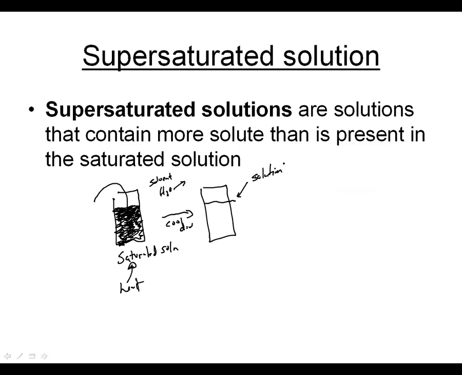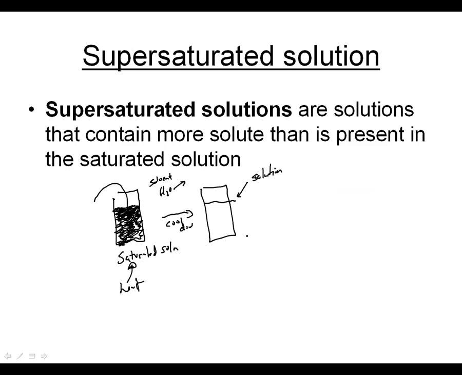So at this point, you heated it, you lost a little bit of the solvent. You also were allowed to get more solid to dissolve than should at a regular temperature, like room temperature. And now as you let it cool back down to room temperature, you have a solution that essentially has too much solid dissolved in it. And this is an unstable solution usually.